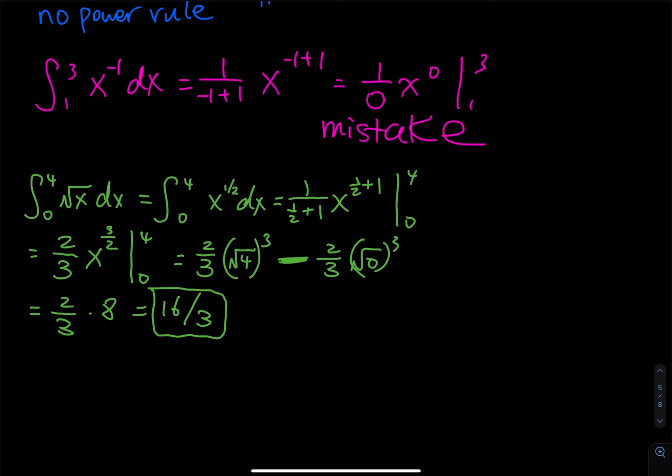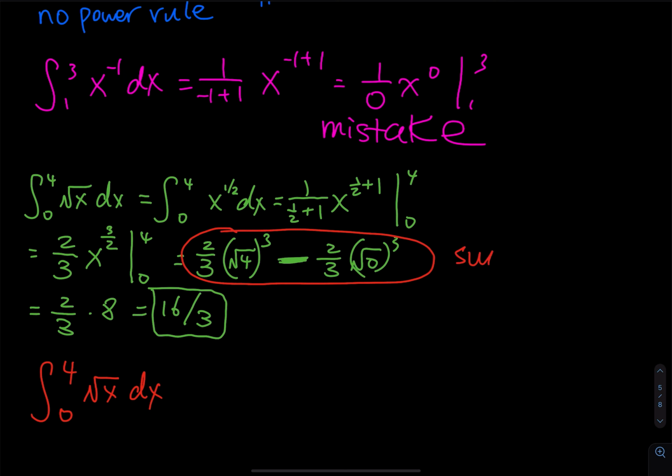So what if I go from 0 to 4 of the square root of x dx? So the difference is you are going to switch this piece. So this piece will be switched, right? So that means you will be getting 2 over 3 and then square root of 0 to the third minus 2 over 3 and then square root of 4 to the third power.